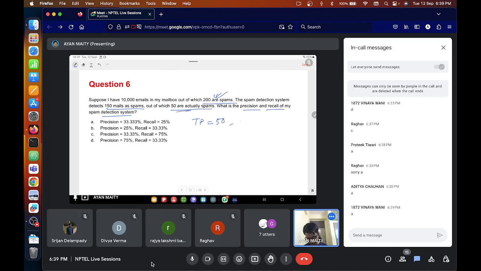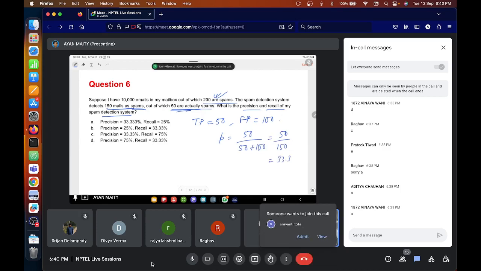Then you have to find out false positives, which are not positive but predicted as positive. So 150 have been detected as spams, but only 50 are spam, so that means 100 are not spams. So precision would be 50 divided by 50 plus 100, so it will be 50 divided by 150, so it's 33.3%. So this is the precision.